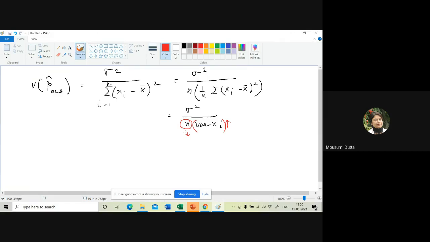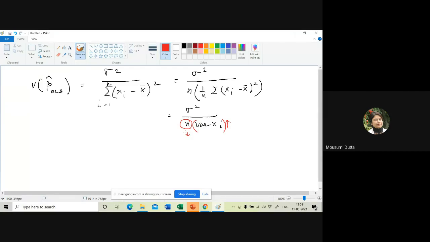Second point. If we drop several central observations, we will lose some information.